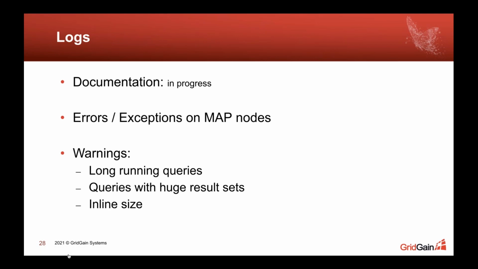Okay, so the logs. You can see errors and exceptions there on map nodes. It's useful to see exceptions on map nodes, especially for thin clients, because they don't always get full error messages.